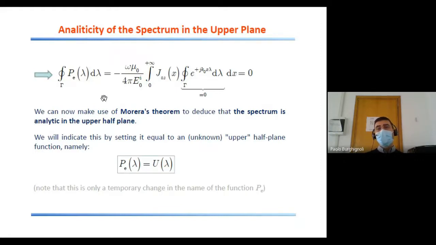We will make this explicit by changing name to the spectrum. So from now on, the spectrum will be indicated with the name U, capital U, just to recall us that we are considering a function that is analytic in the upper half plane of the lambda variable.